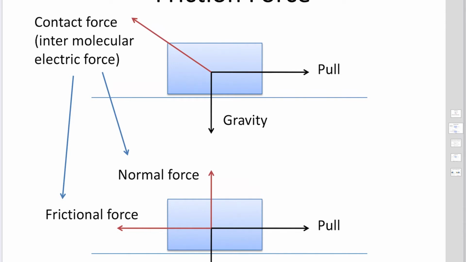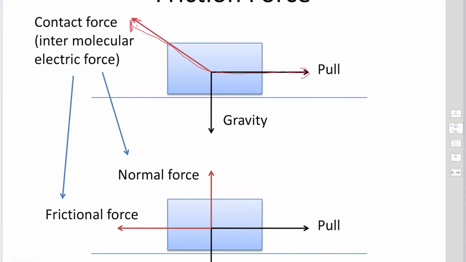Two forces are acting on this object: gravity, and the pull or push to the right. For the net force to become zero, there must be another force acting on this object.